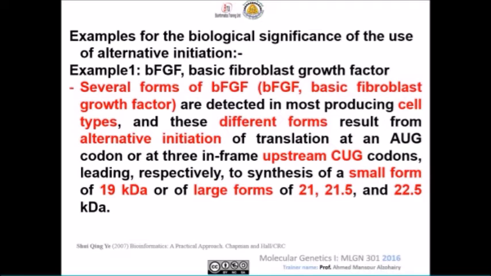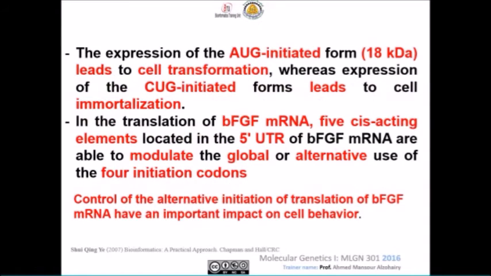So we have the same gene producing the same messenger RNA, and the same messenger RNA can be translated alternatively by different ways, and can produce different isoforms of protein in different cell types, as we see in the example of the bFGF gene. The expression of the AUG initiated 18 kilodalton form leads to cell transformation, whereas expression of the CUG initiated forms leads to cell immortalization.